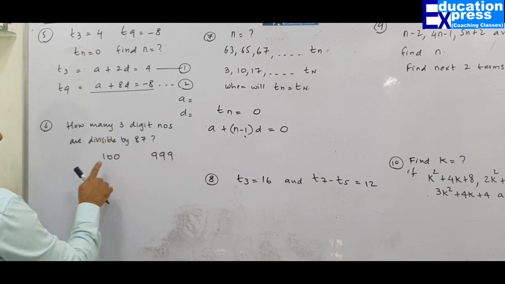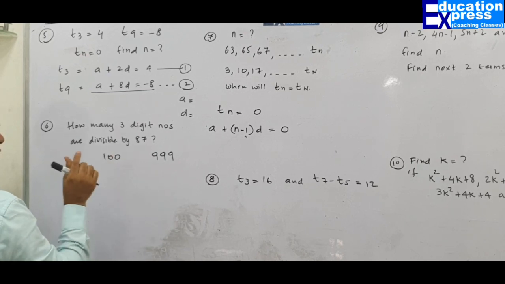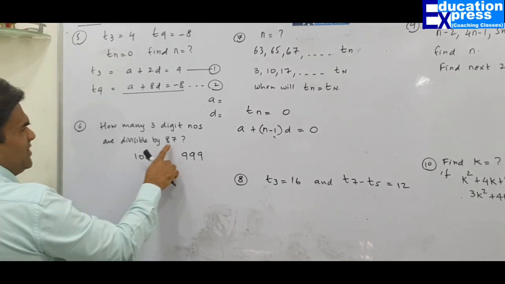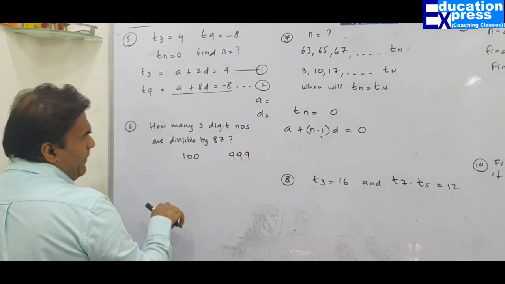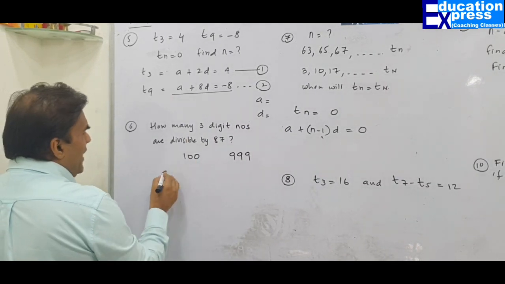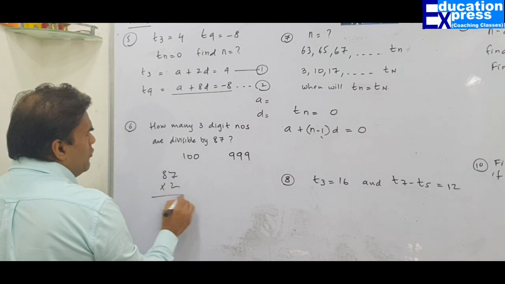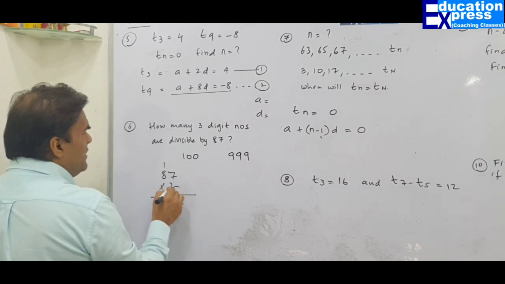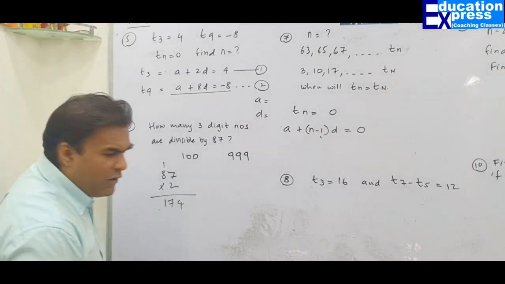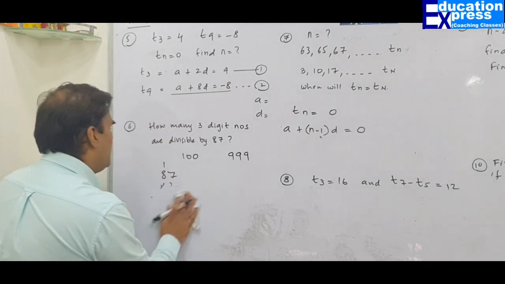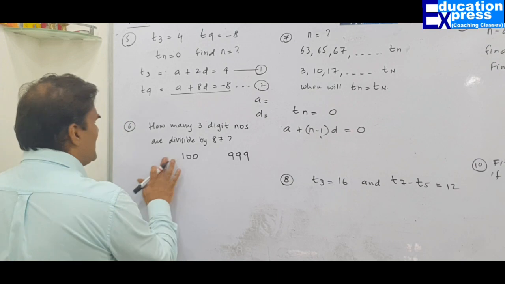The smallest three-digit number which is divisible by 87 would be 87 twos are. That would mean 87 multiplied by 2, that is 174. So 174 would be the smallest number that would be divisible by 87.